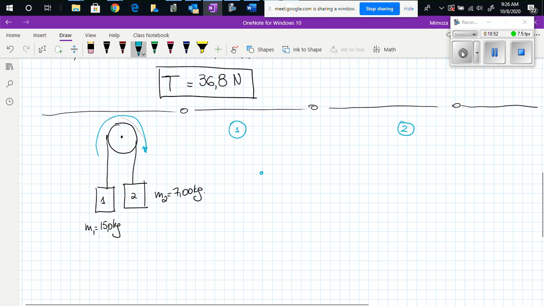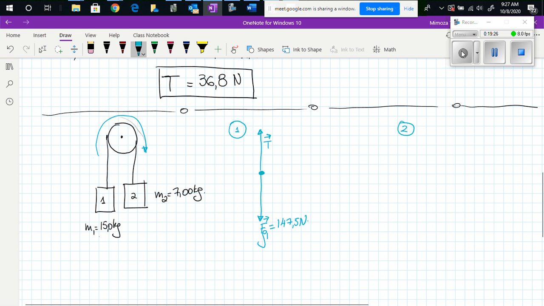Based on this, I will draw the free body diagram for both object 1 and object 2. The same way as we have done at every free body diagram, for the first object we have the universal force of gravity, which is 15 times 9.81 equals 147.5 newtons. And tension, that is the same logic: it starts from the object, going along the string.